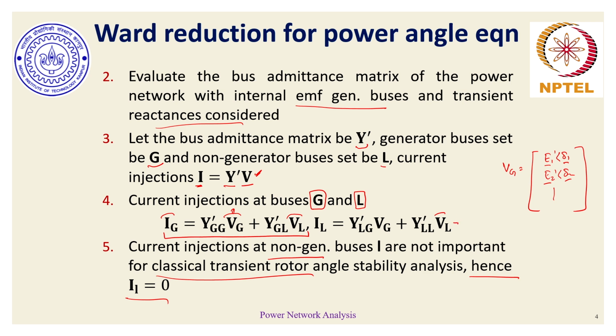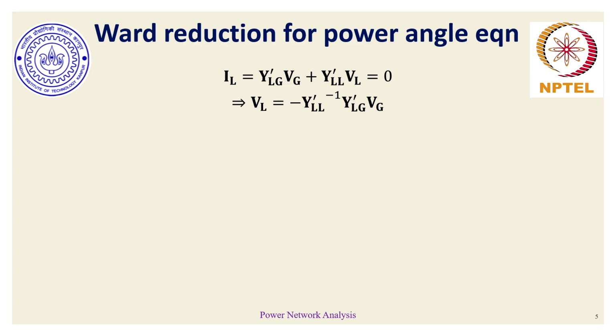So if this equation value becomes zero, then we can represent the load bus voltages in terms of generator bus voltages, and for this relationship to hold true, obviously this inverse should exist. That is, Y'LL should not be a singular matrix.